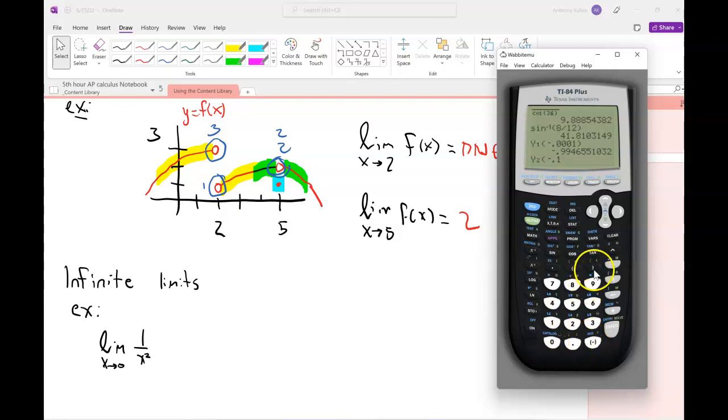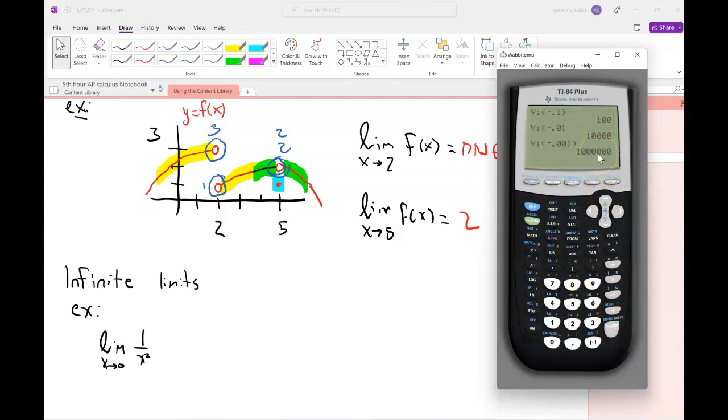What do you see happening as I'm getting closer to 0?